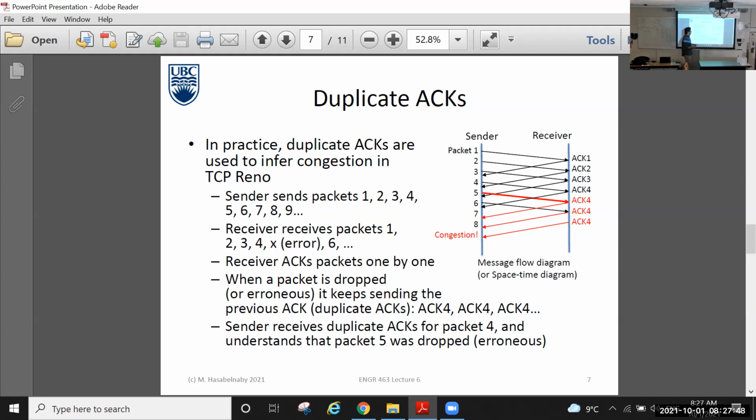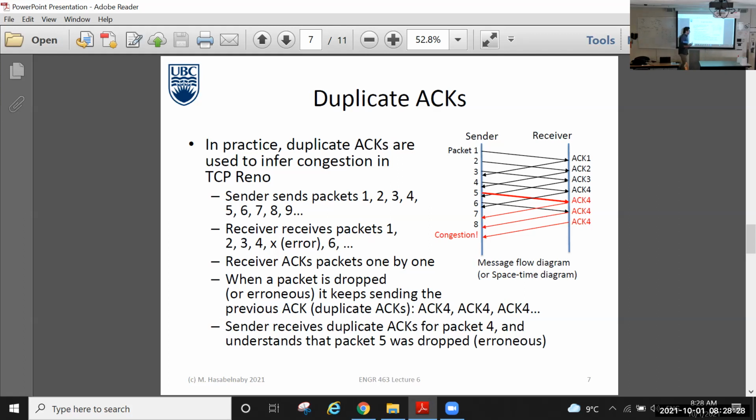The sender sends packets 1, 2, 3, 4, 5, 6, 7, 8. The receiver will reply with acknowledgement 1, 2, 3, 4. We have a problem in packet 5, so the receiver will reply with duplicate acknowledgements of packet 4, and the sender will know that there's a problem after packet 4.